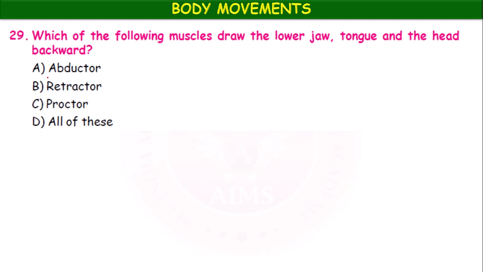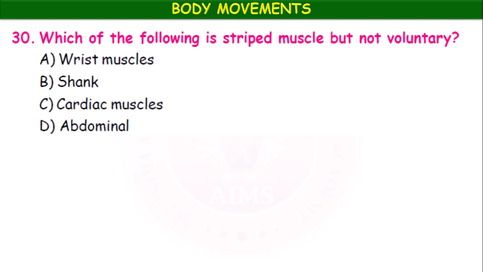Abductor muscle, retractor muscle, proctor muscle, all of these. It is the retractor muscle that draws the lower jaw, tongue and the head backward.